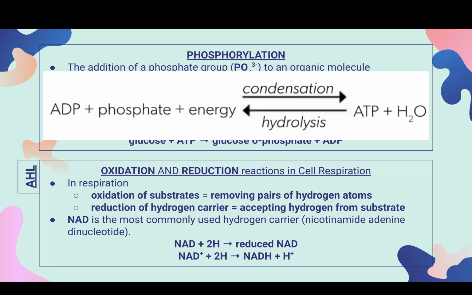Temperature, yes. You don't need to know about where the phosphate goes. If I'm being honest, they'll never ask you anything like that. All you really need to know is that ATP becomes ADP through a hydrolysis reaction, and ADP can become ATP with a phosphate molecule through a condensation reaction. That's essentially all you need to know.